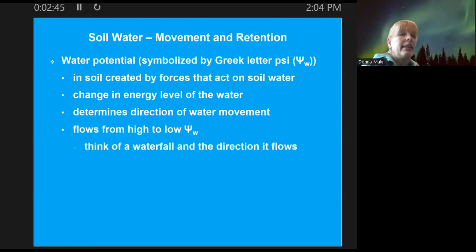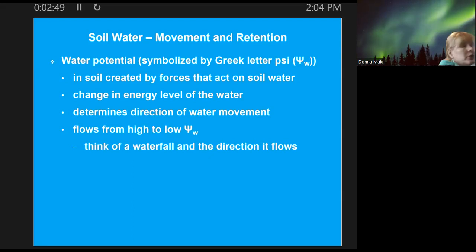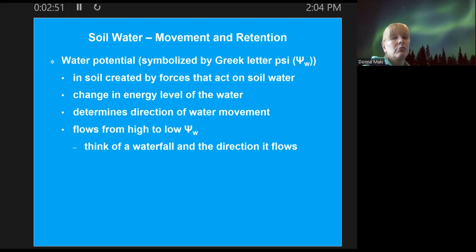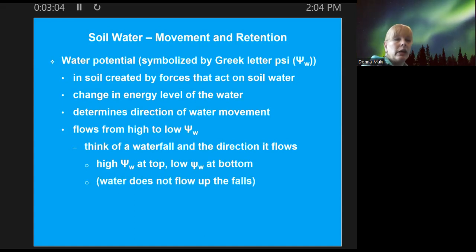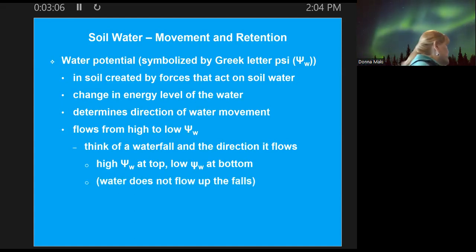I think the analogy of a waterfall can be useful. The author of the book uses that too, and I think that's relevant. At the top of the waterfall, you have high water potential. At the bottom of the waterfall, there's lower water potential. And at least on this earth, water does not flow up the waterfall.